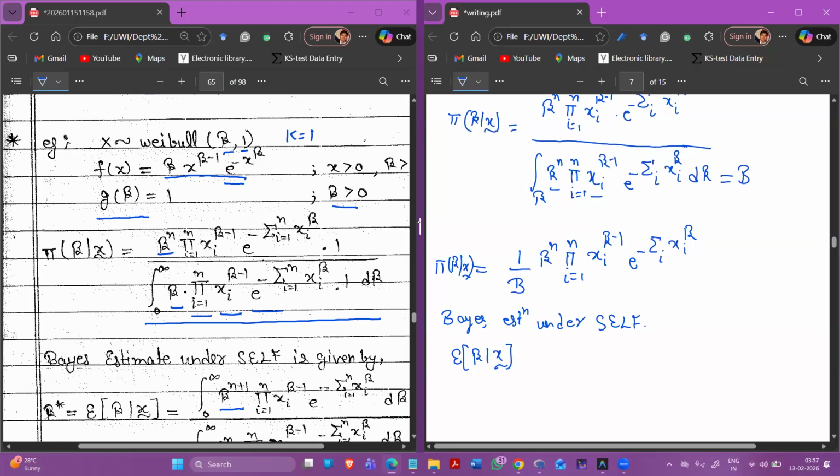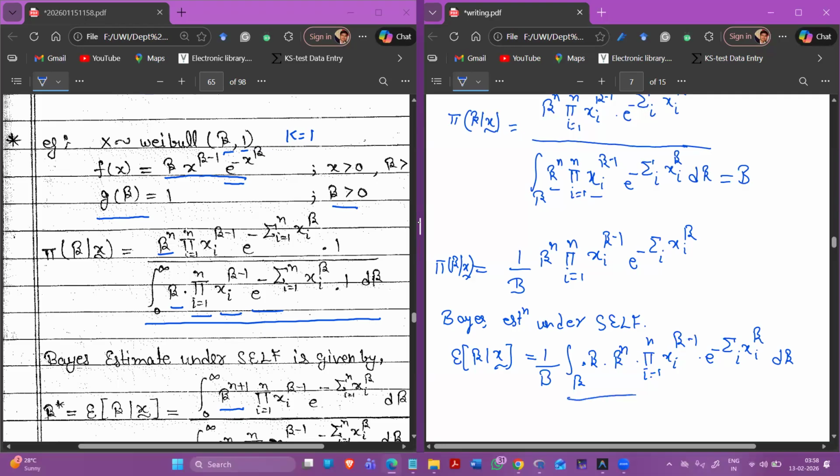So what will it be? It is the integral over the range of beta of beta into beta raised to the power n into the product over i from 1 to n of xi raised to the power beta minus 1 into e raised to the power minus summation over i of xi raised to the power beta, d beta. And 1 upon b will come out of the integral because it's a constant term, right?